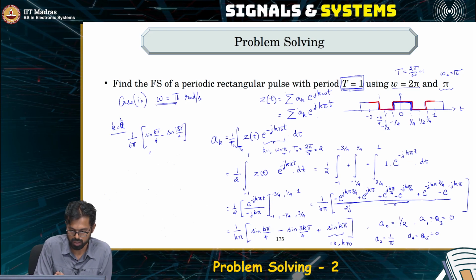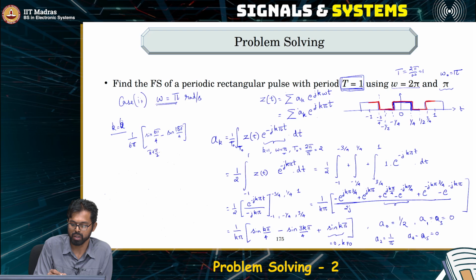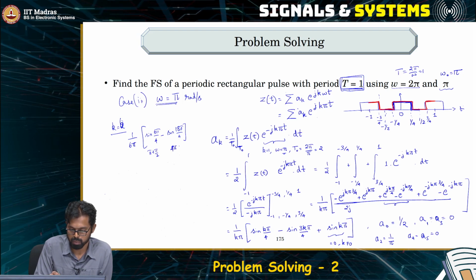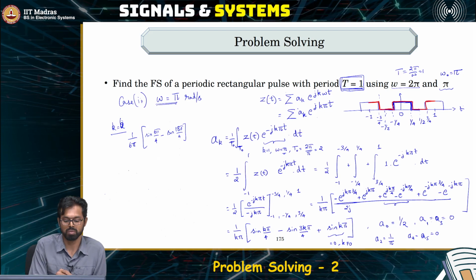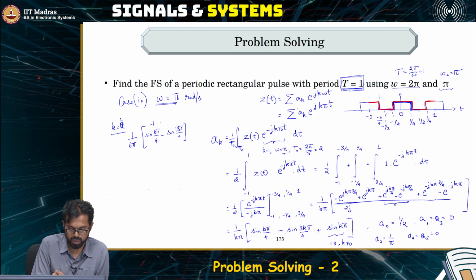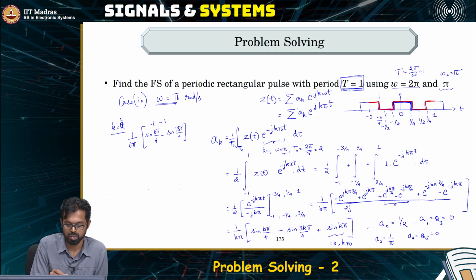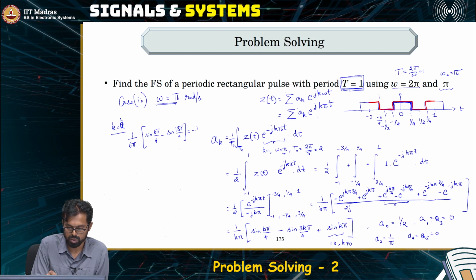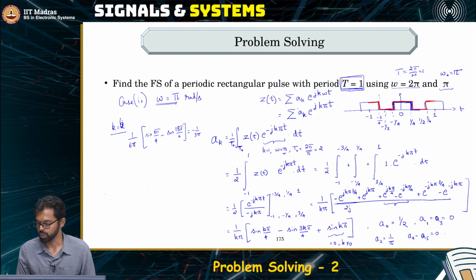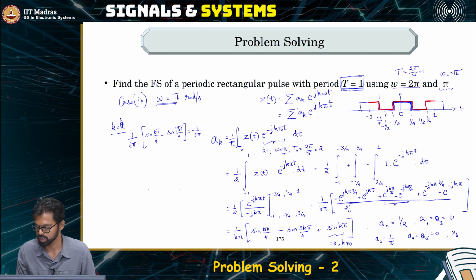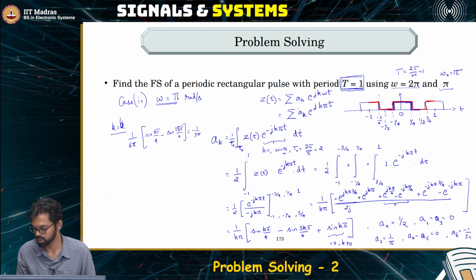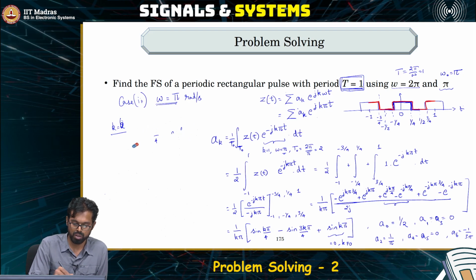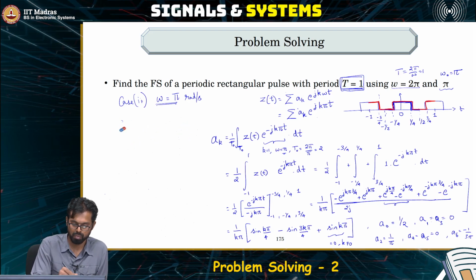Once again, you can write this as pi plus pi by 2 and 4 pi plus pi by 2. So this entire term now becomes minus 1, which is minus 2. So this entire term is now minus 1 by 3 pi. So we have A6 equal to minus 1 by 3 pi. Okay, so we have all the coefficients that we want.